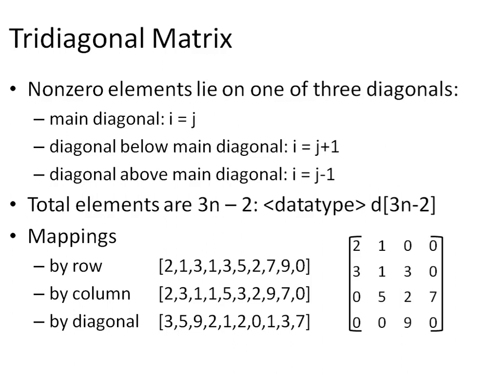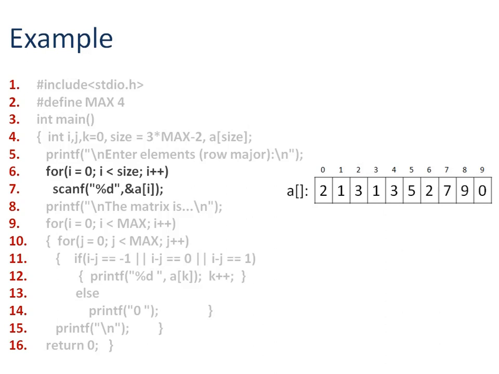Now, the point is how to take input from the user. So, there can be three possibilities. We can take the input row-wise or column-wise or diagonal-wise. Here we have taken input row-wise, so the contents of the one-dimensional array will be 2, 1, 3, 1, 3, 5, 2, 7, 9 and 0.